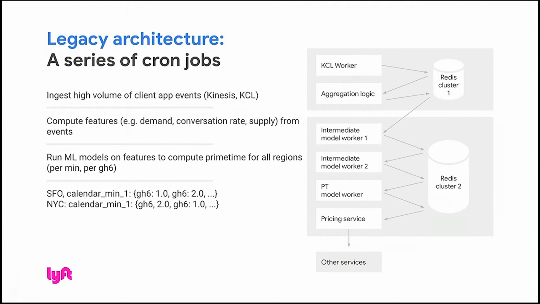In the old system, we have an architecture that consists of a series of cron jobs, essentially. They do computation in stages, and the intermediate results of stages are stored in Redis to be handed between jobs. This is actually not an uncommon pattern of doing more complex computations in legacy architectures. The problem here is it's not a data graph or data flow.